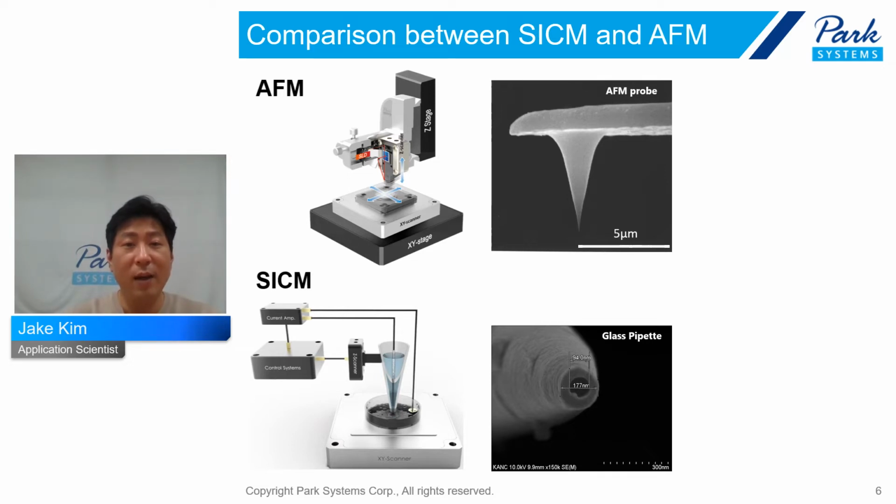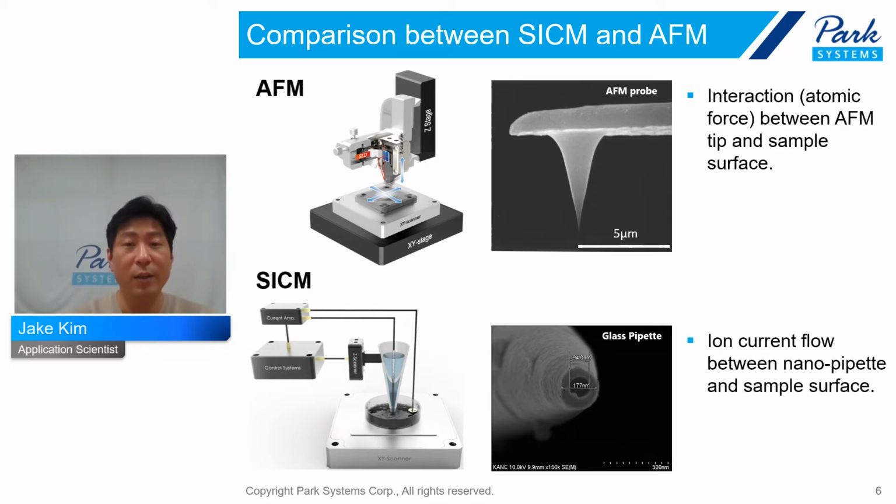In SICM, the glass nanopipette is used, and the inner diameter is about 80 or 100 nanometers. For the feedback system, in AFM the atomic force between the AFM tip and sample surface is utilized, but in SICM, ion current flow between the nanopipette and sample surface is used.